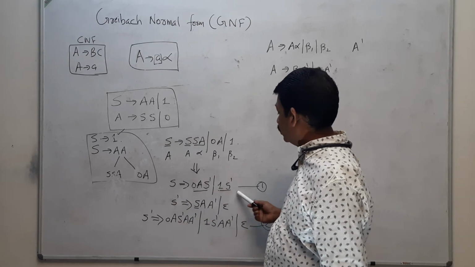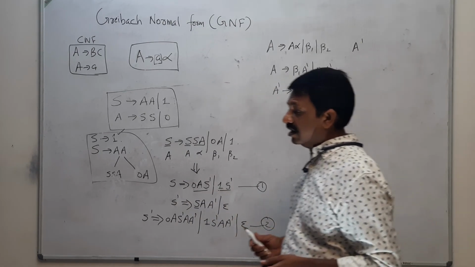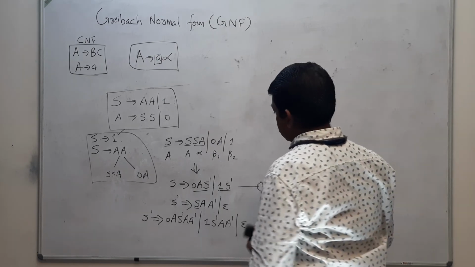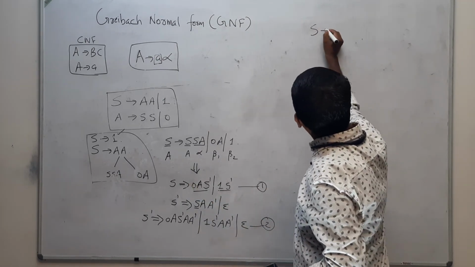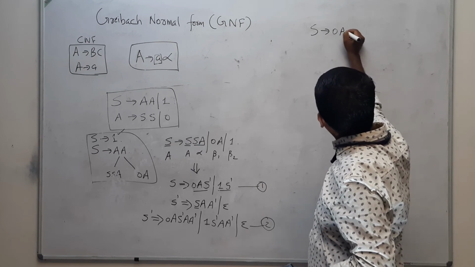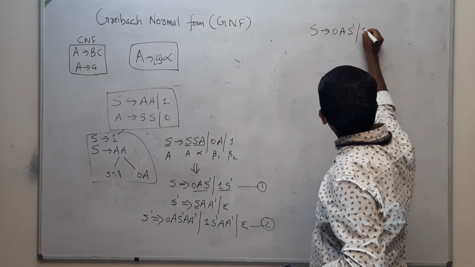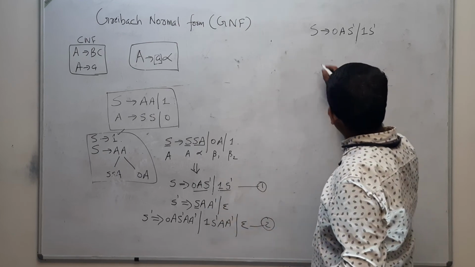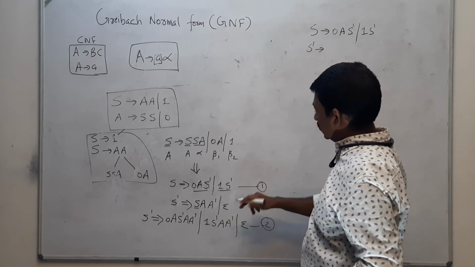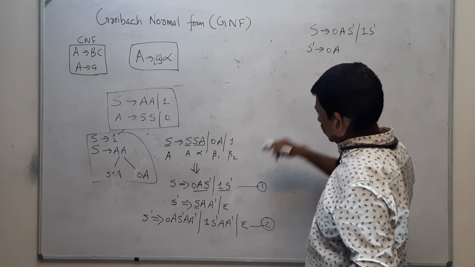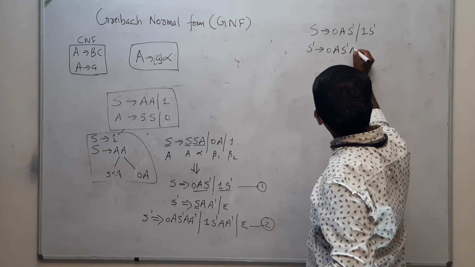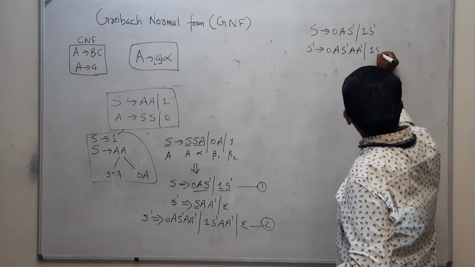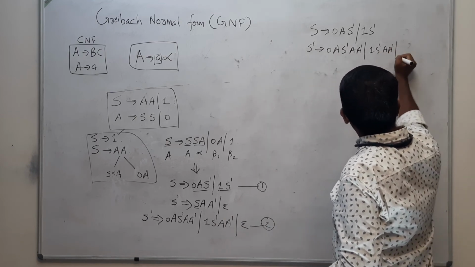S productions are these two, and that means the final set is S derives 0 A S dash or 1 S dash, and S dash derives 0 A S dash A dash or 1 S dash A dash or epsilon.